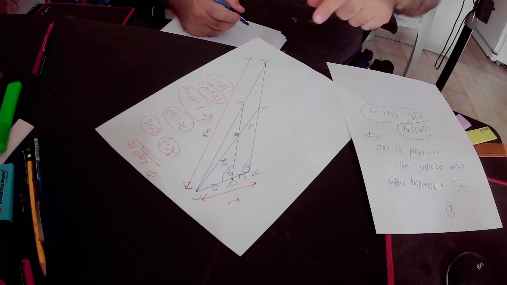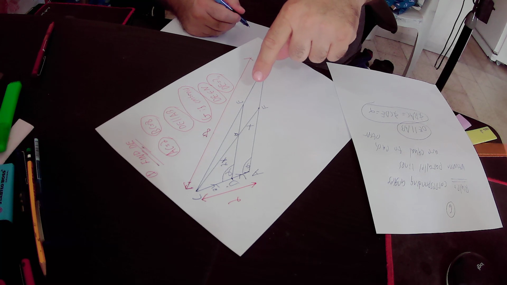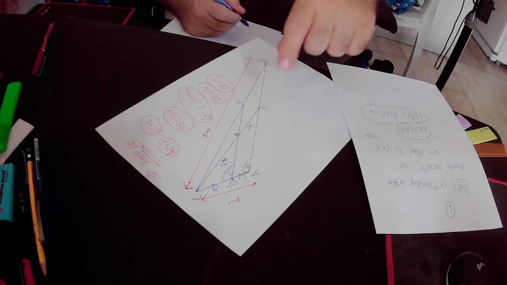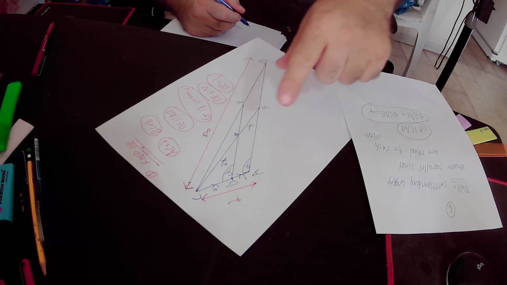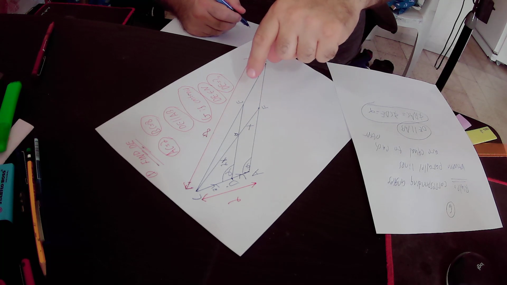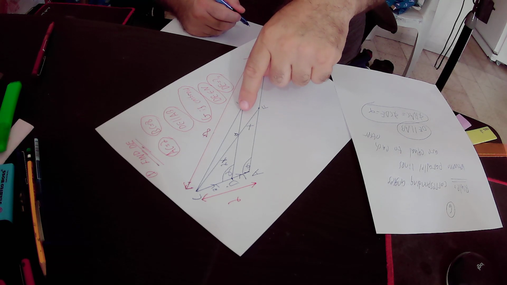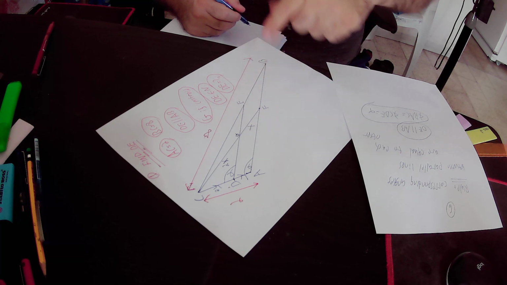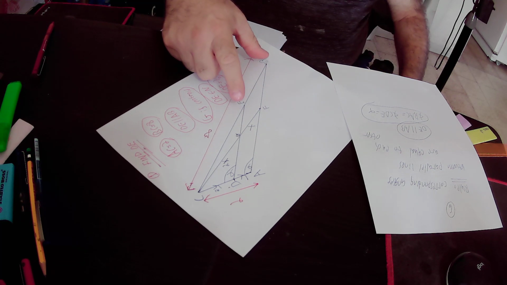And for the same reason, because DE is parallel to AB, those two corresponding angles will also be equal to each other.